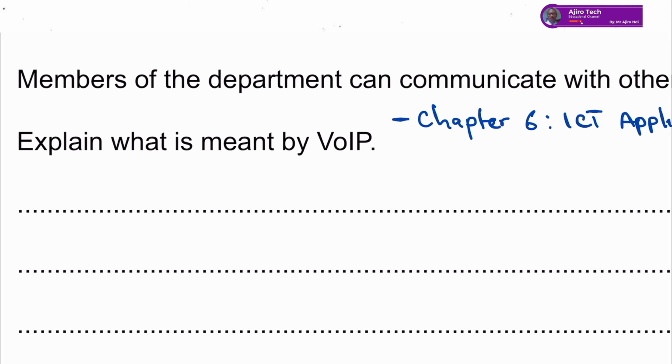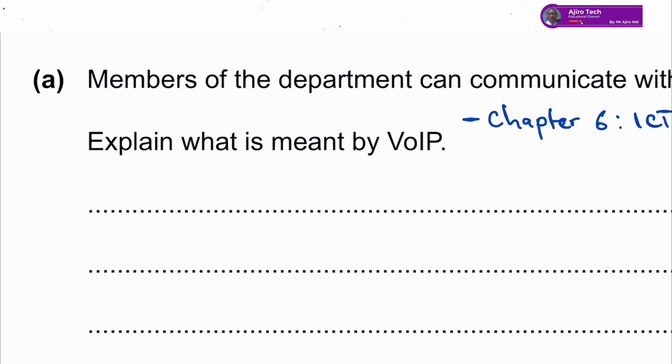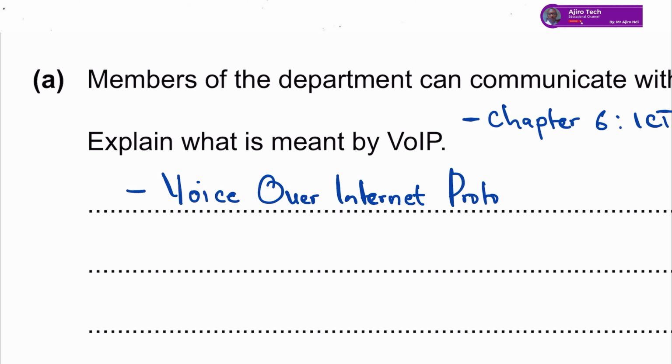When you see something, the first thing you look at is the meaning of it. So you start with the full meaning: voice over internet protocol. That would give you a mark.